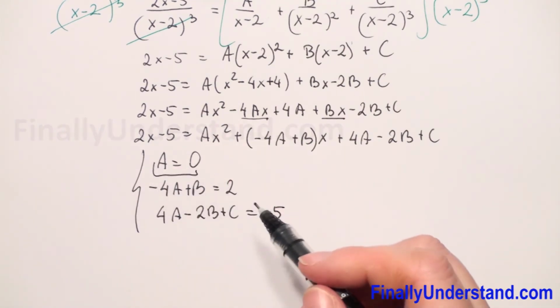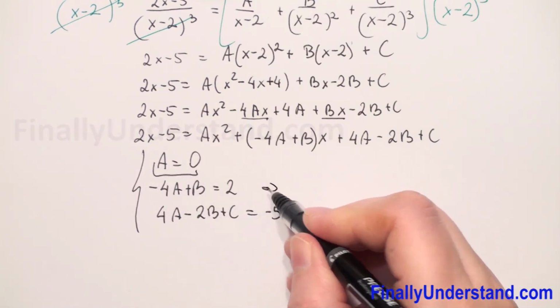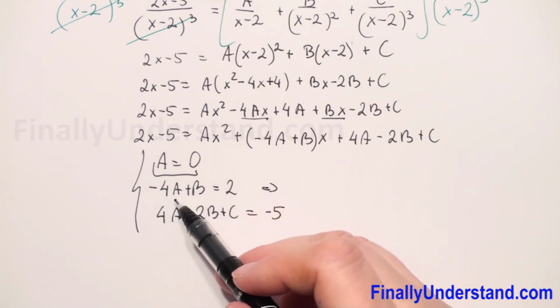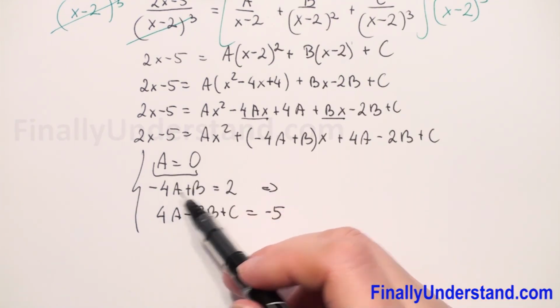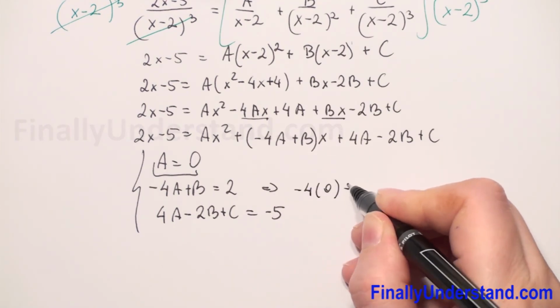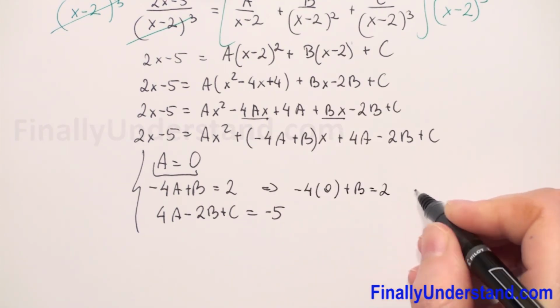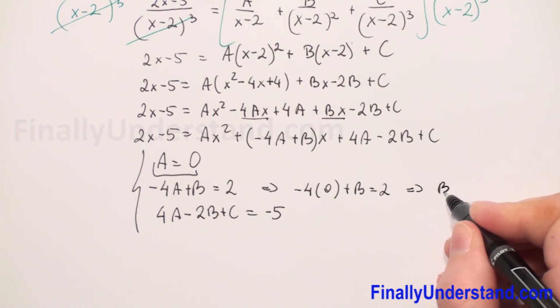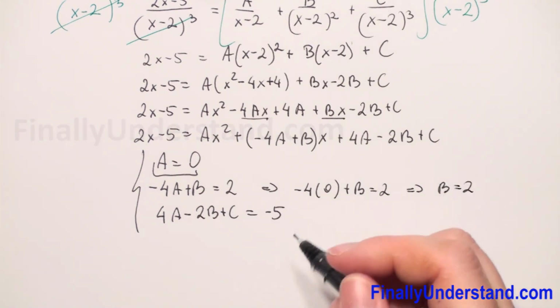A we have, so now from the second equation we will substitute A by 0, so it will be negative 4 times 0. Let me write this. Plus B, this is equal to 2, so it means that B is equal to 2.